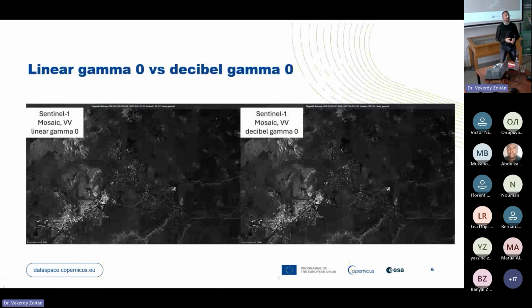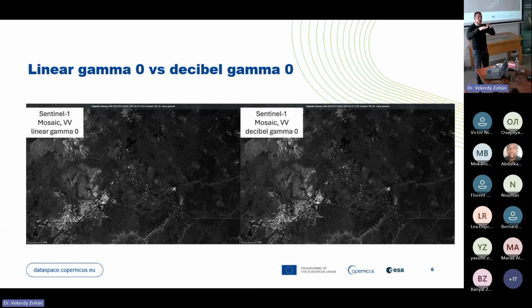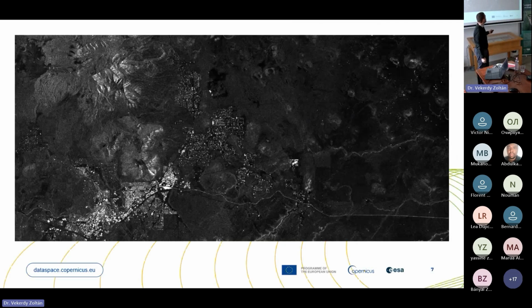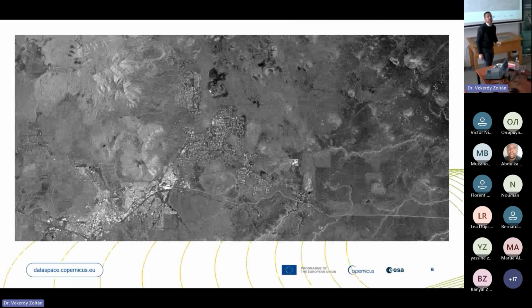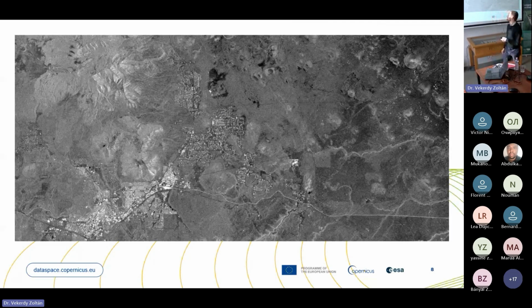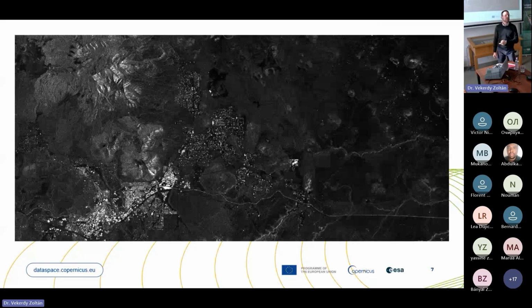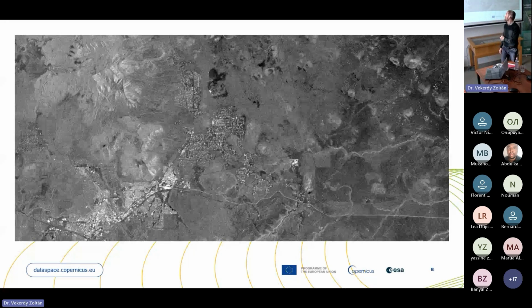But if we apply the logarithmic scale with decibels, then we see a lot more because the range is flattened out a bit and the extremes are not so large. And so then we have a lot more information about the surface. So this is the linear gamma and this is the decibel gamma, where you have more texture.